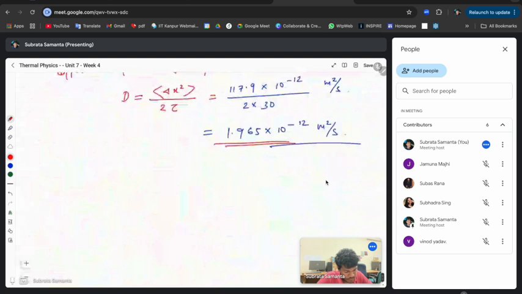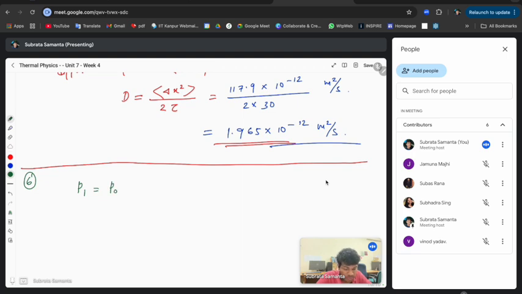So you know that the pressure at height H1 and the pressure at sea level P naught are related by e to the power minus m g, where small m is the mass of particles, g times the height h1, and we denote the sea level height as h0, so h1 minus h0, divided by kBT.